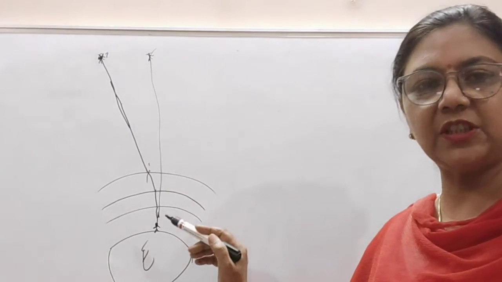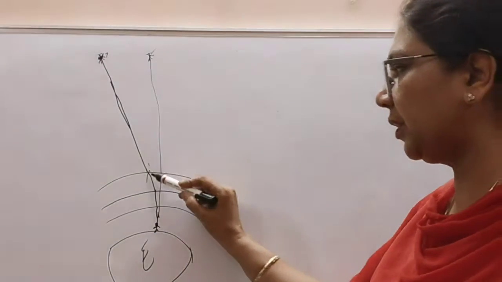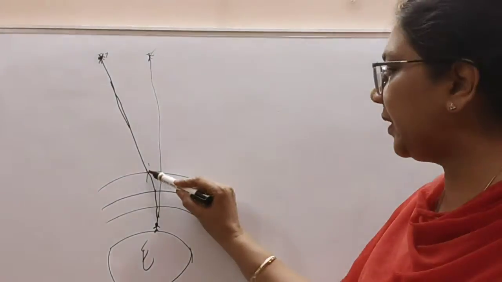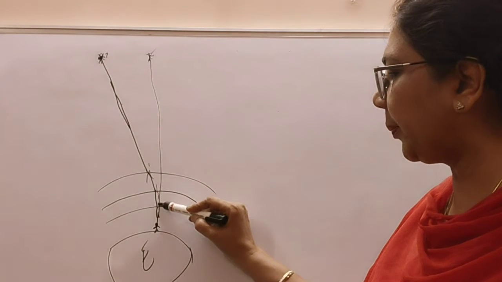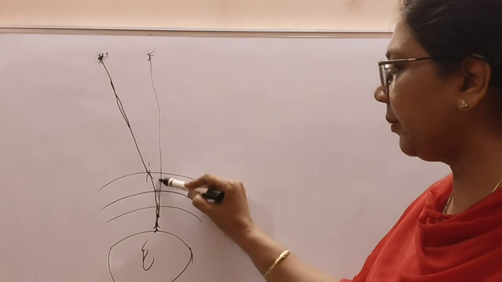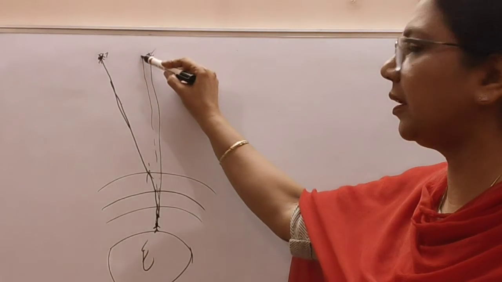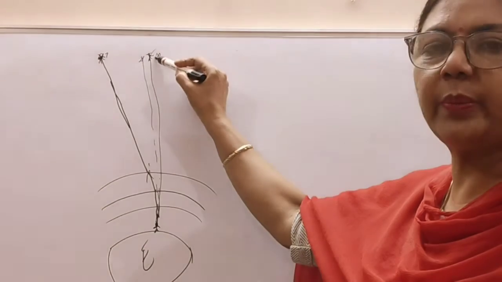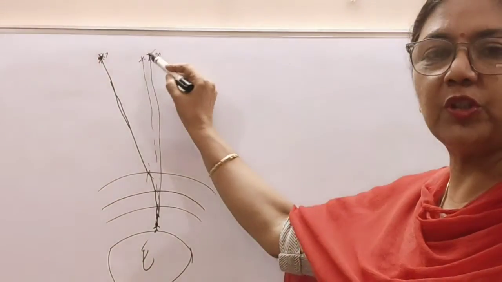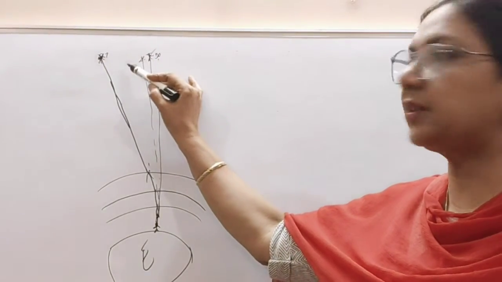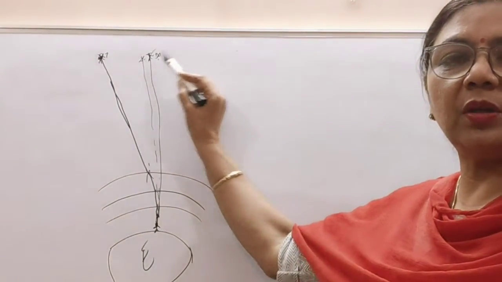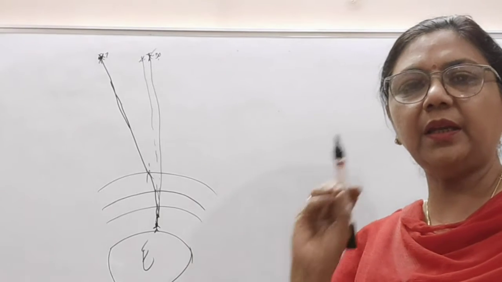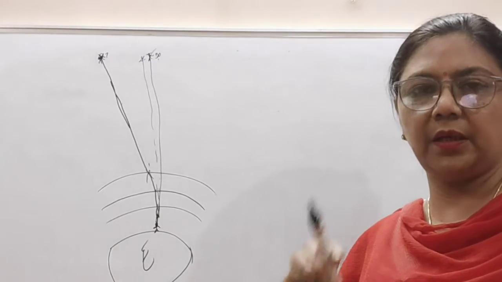Because of the change in refractive index, the refraction will also change. So sometimes the apparent position may be here, sometimes here. As the apparent position of the star keeps on changing, the twinkling effect occurs in our eyes.